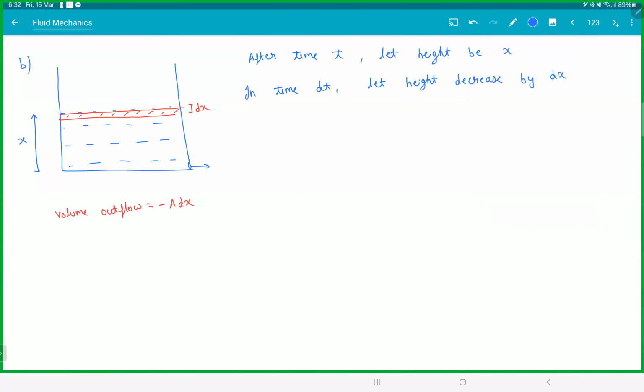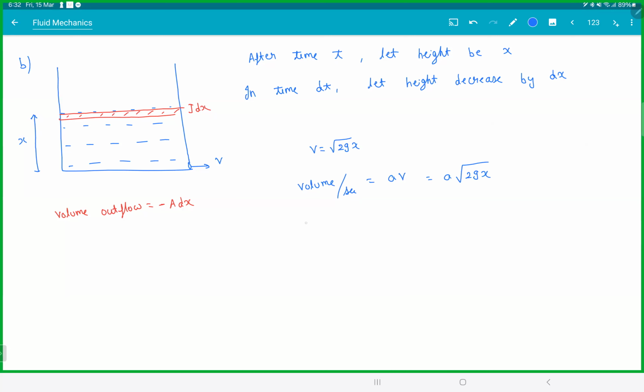Same thing, at this point here, the velocity is v. v is equal to root 2gx. And we know volume rate or volume flow per second is nothing but area into velocity. Remember equation of continuity? a into root 2gx.